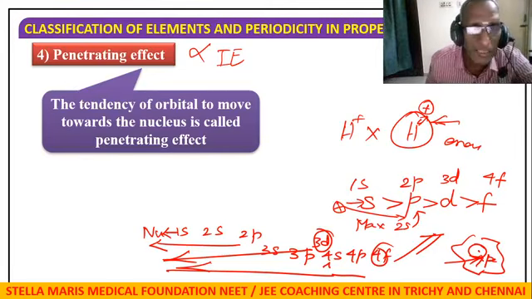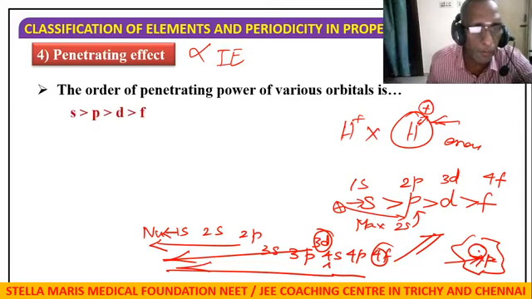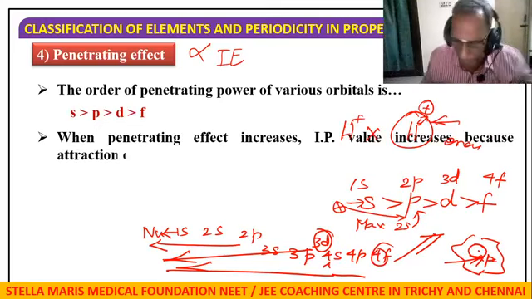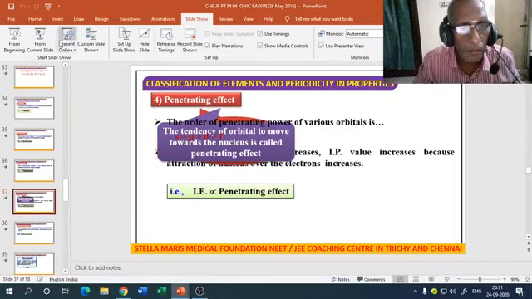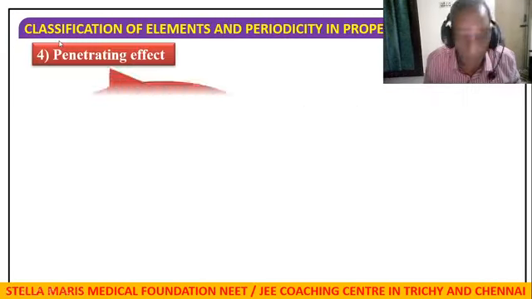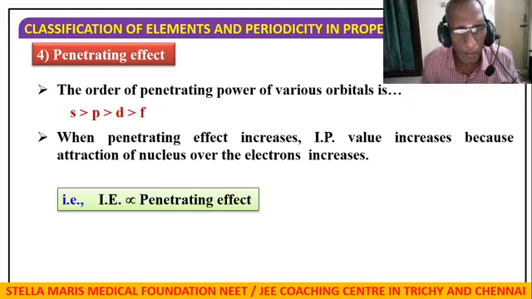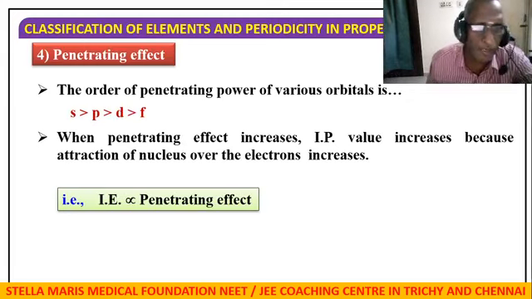So it will not easily form H plus. Penetrating power is maximum for s orbital and minimum for f orbital. Penetrating power is directly related to the ionization energy.